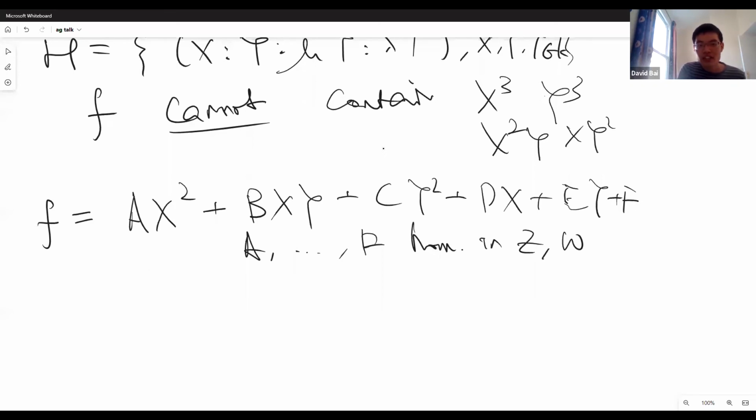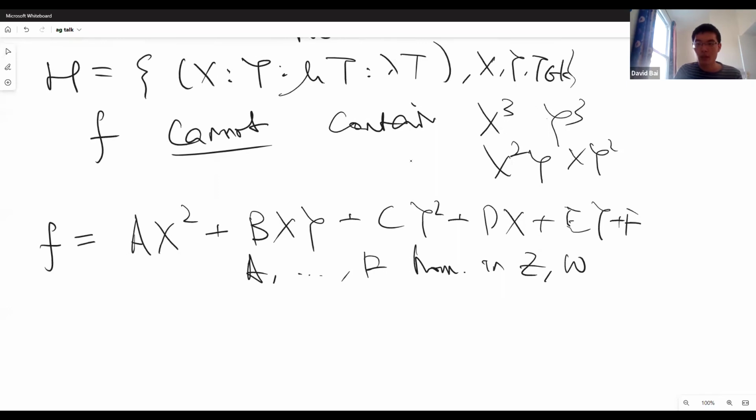So in terms of the coordinates x, y, t on H, what would my cubic curve be? I can just substitute this in, can't I? And what I get is F equals a x squared t plus b x y t plus c y squared t plus d x t squared plus e y t squared plus f t cubed. Here, I'm assuming a, b, c, d, e, f are now polynomials in lambda and mu, because I've substituted it in.